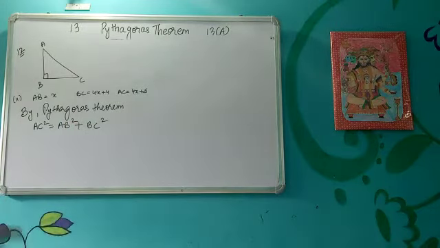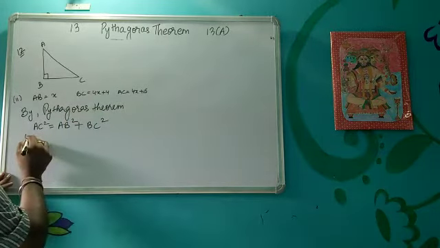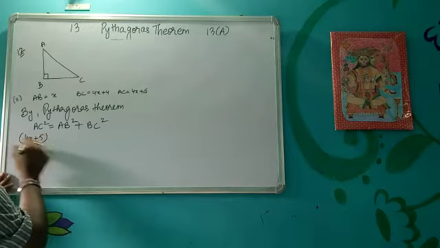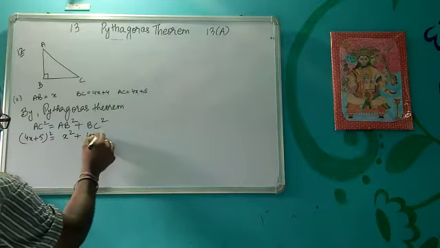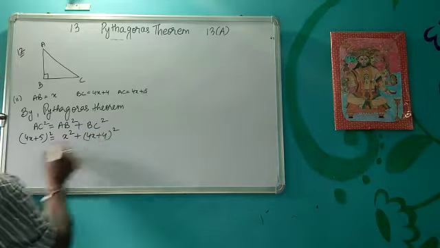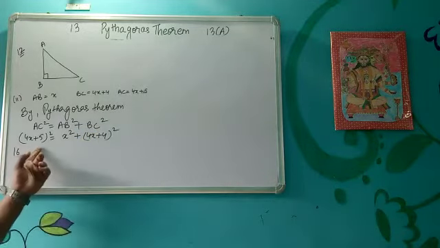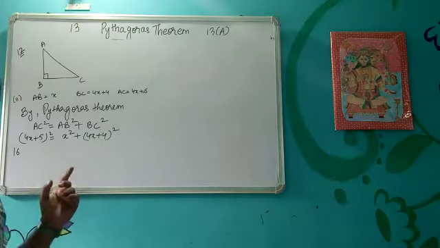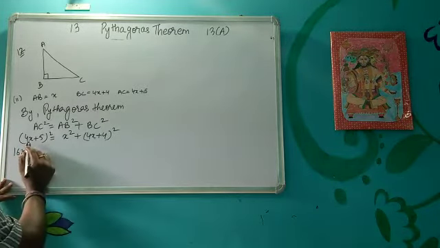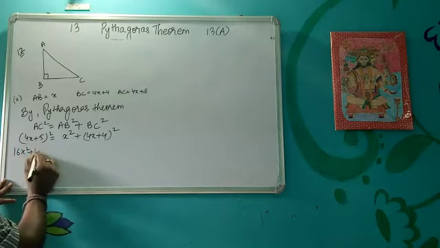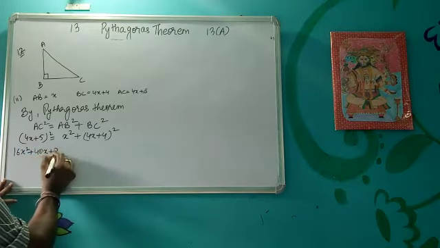Okay. Then AC is 4x plus 5, AB is x and BC is 4x plus 4. So in this we will use (a plus b) whole square, a square plus 2ab plus b square. So a square plus 2ab, 2 into 4, 8 into 5, 40x plus 25.